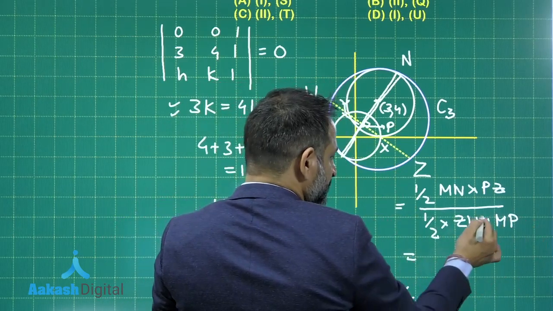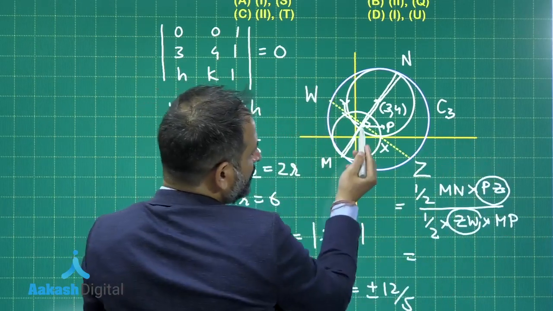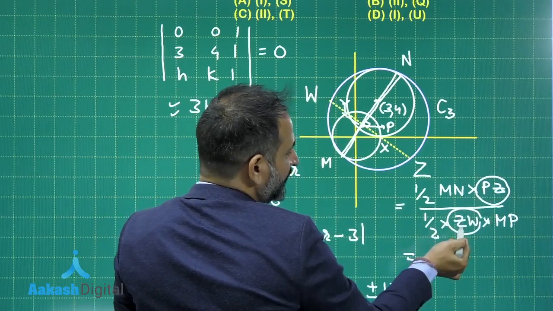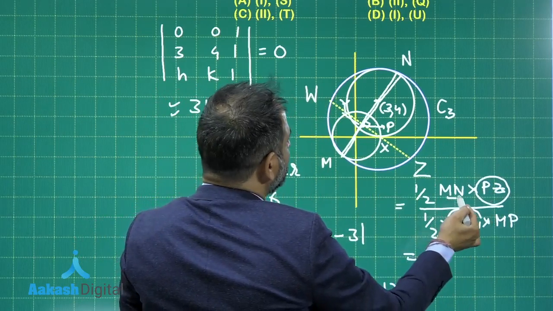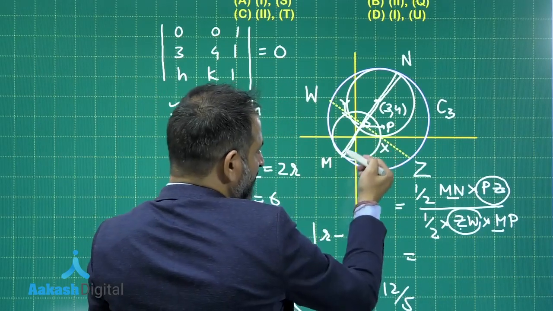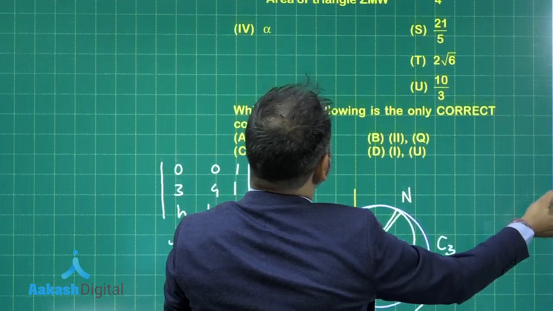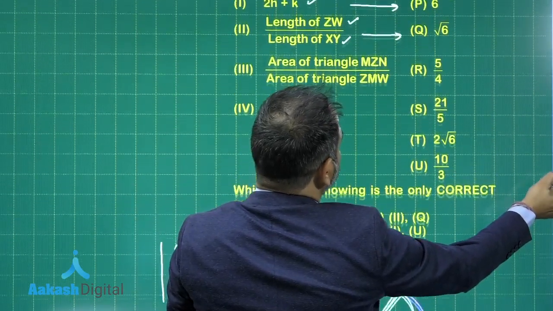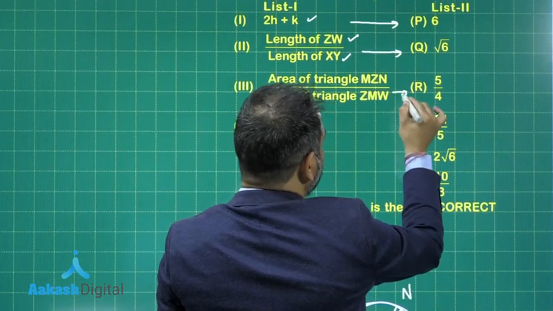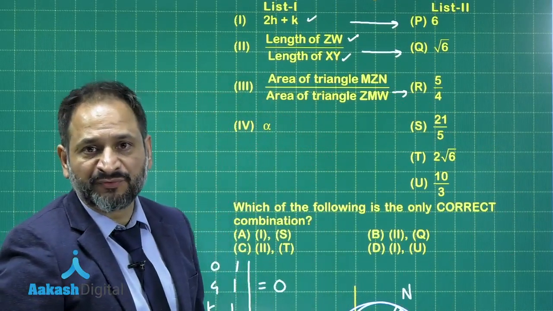Now you can notice these two can be eliminated because PZ is half of ZW, and MN definitely we know, and MP also can be found very easily. So if you calculate this value, it will come out to be 5 by 4. So the answer for the third option is 5 by 4.